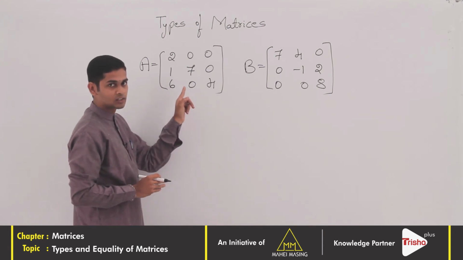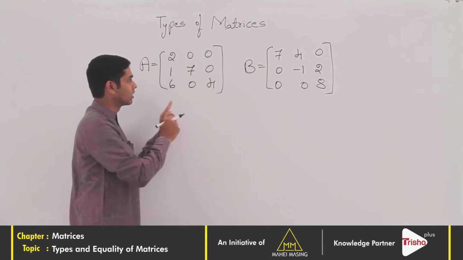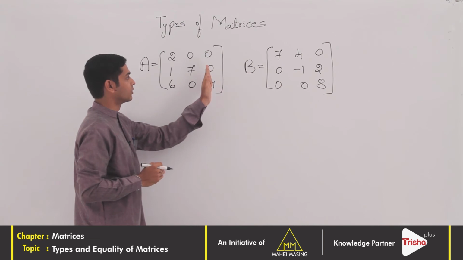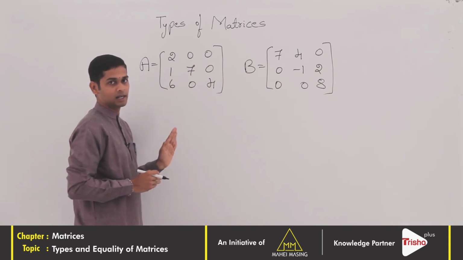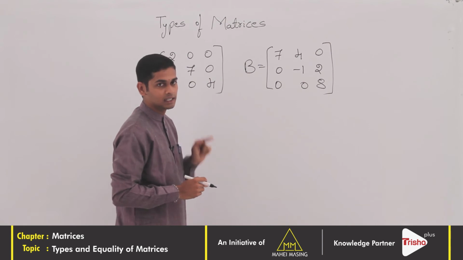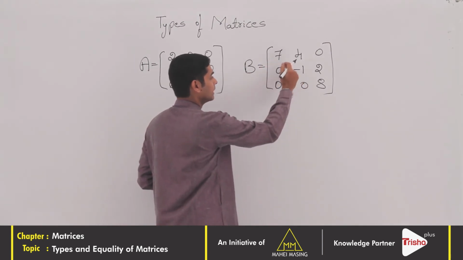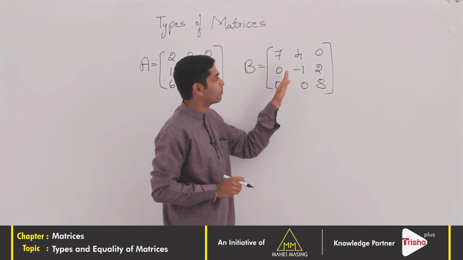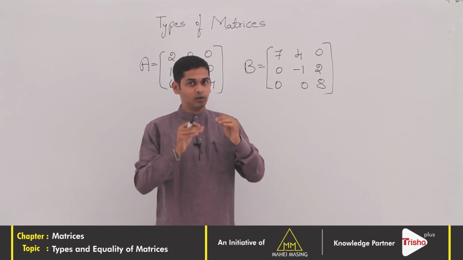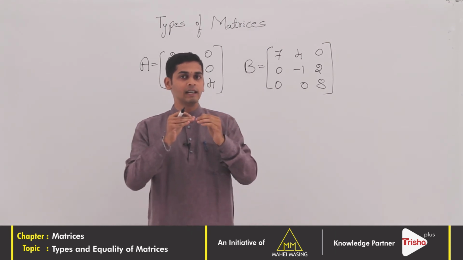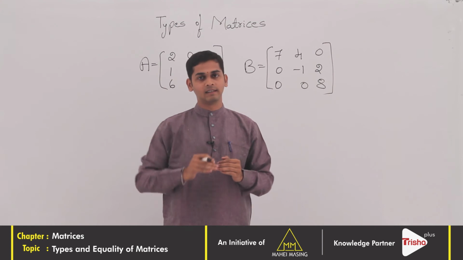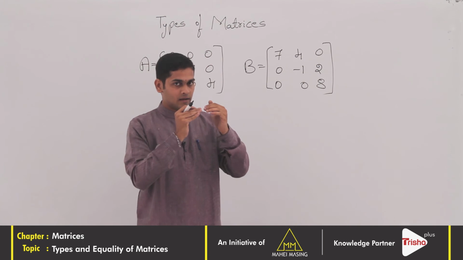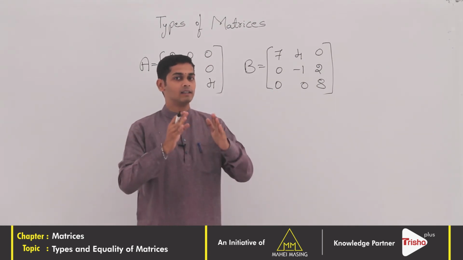So, A is a lower triangular matrix. With respect to B, all the elements below the principal diagonal are zeros. Therefore, this is called an upper triangular matrix. So, in a lower triangular matrix, all the elements above the principal diagonal are 0. In an upper triangular matrix, all the elements below the principal diagonal are zeros.